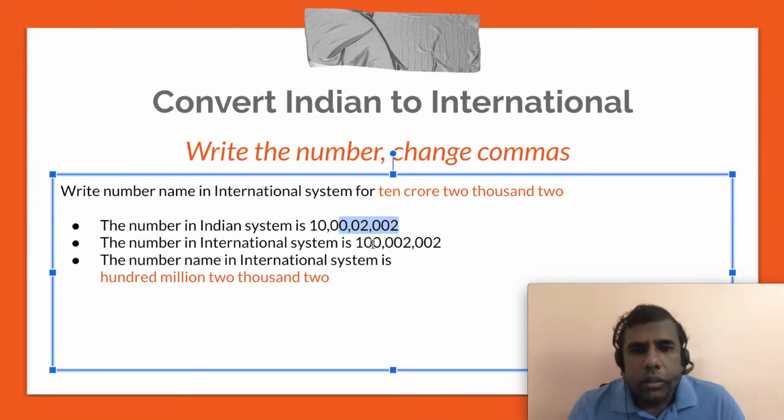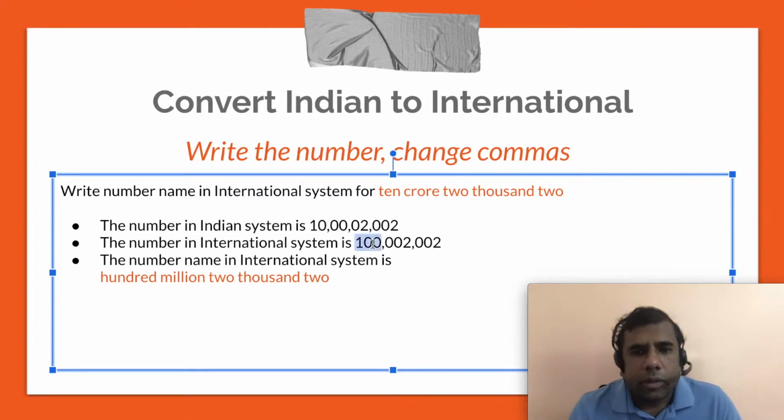So the third period in the international system here is going to be 100. So what we did is we just wrote the number again and changed the commas. That's it. Now we'll write the corresponding number name.